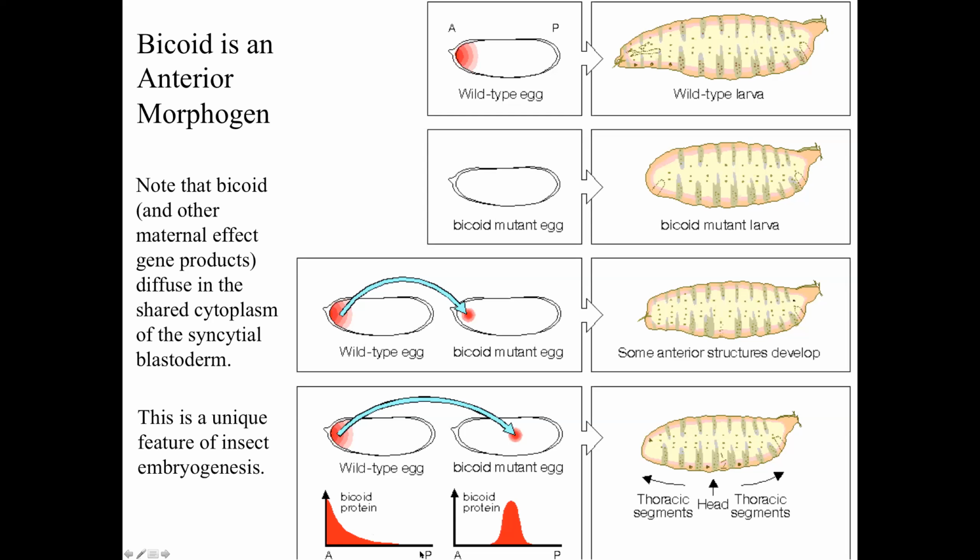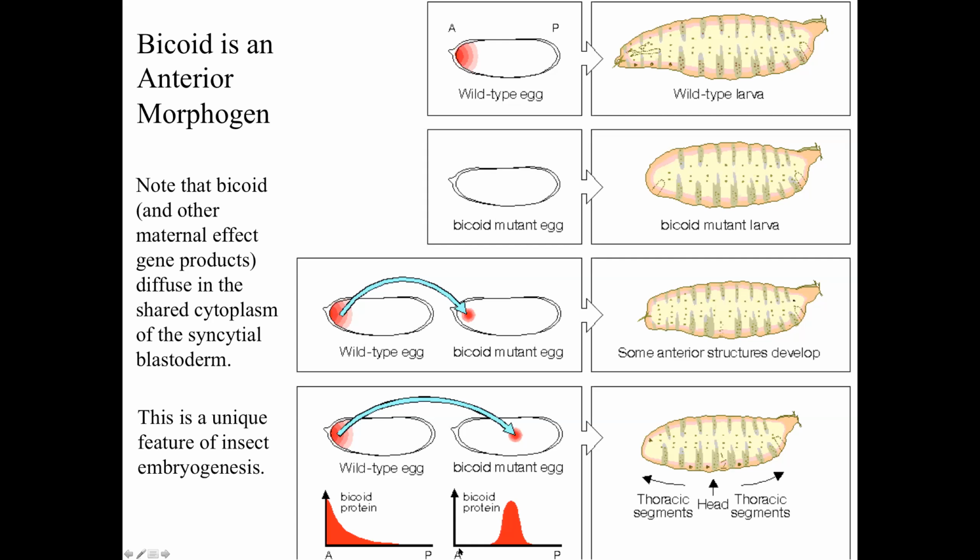So this is the embryo from the anterior to the posterior. You have a sharp gradient that is regressing towards the posterior side. Now, if you were to take the mutant and inject it in the middle, you're creating this kind of gradient on both sides.